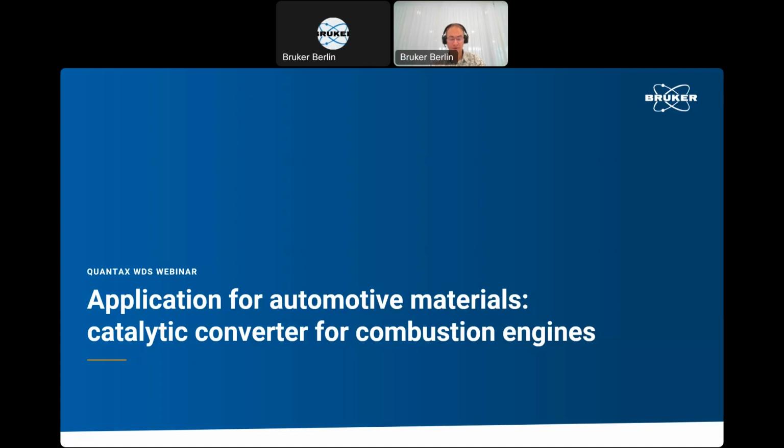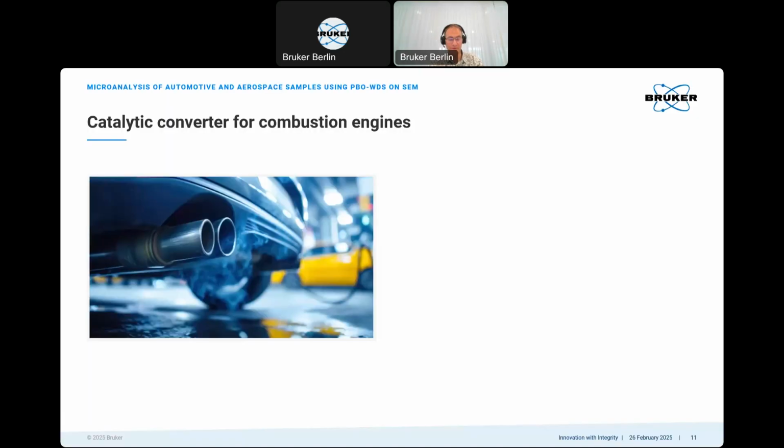In automotive industry, WDS contributes significantly to the analysis of welding processes, exhaust gas catalytic converters, and shield metals and alloys. It assures the quality and reliability of materials used in vehicle bodies and engine components, ultimately enhancing the safety and performance of automobiles.